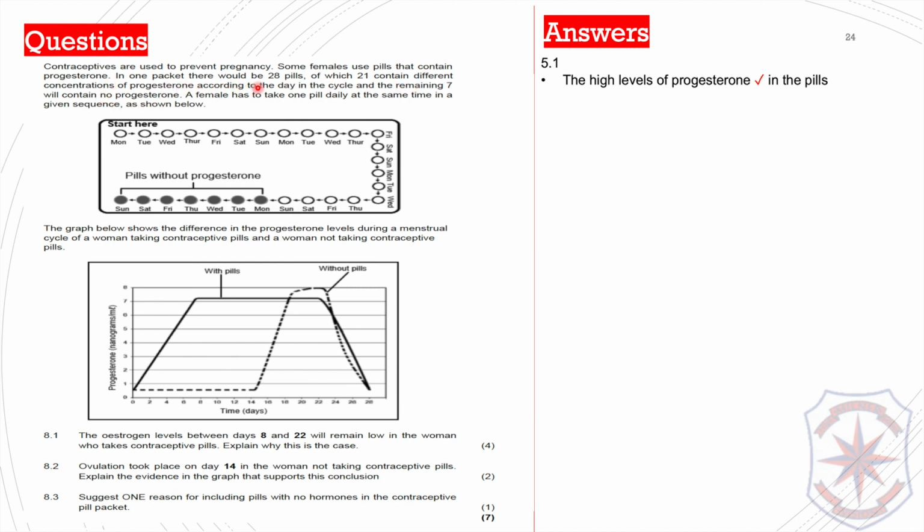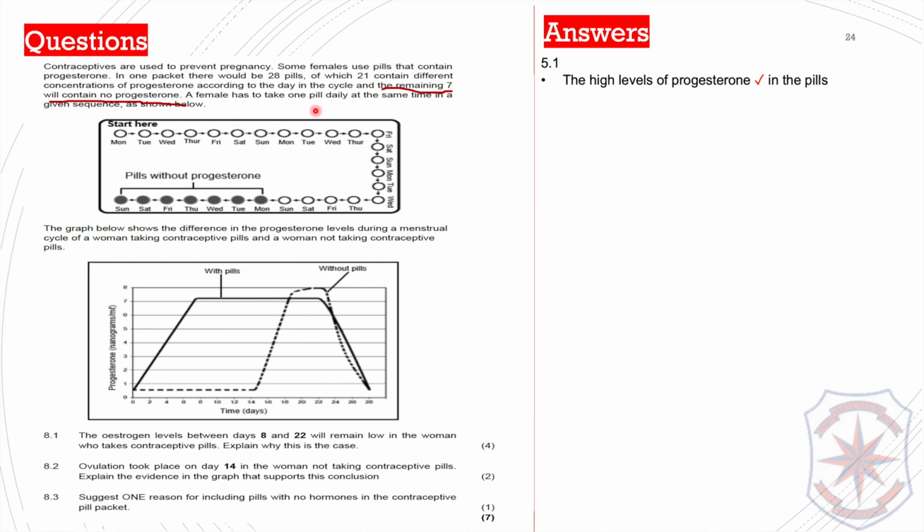In one packet, there would be 28 pills, of which 21 contain different concentrations of progesterone according to the day in the cycle, and the remaining 7 will contain no progesterone. I wonder why. We'll answer that question later.